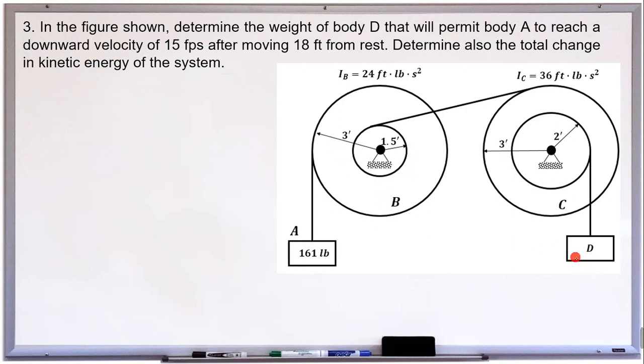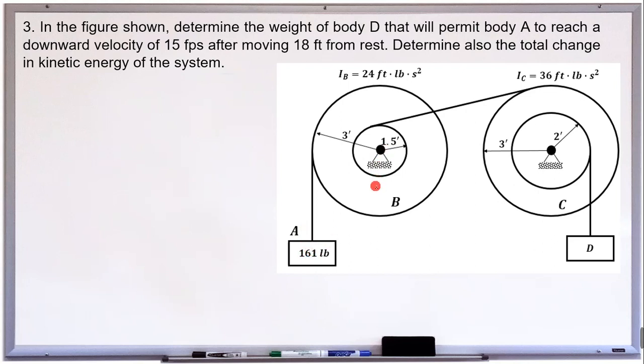Next, we will identify the type of motion that exists for each of these objects. Block A will only move in a vertical motion, or on a vertical axis. Therefore, the type of motion that exists for block A is only translational.